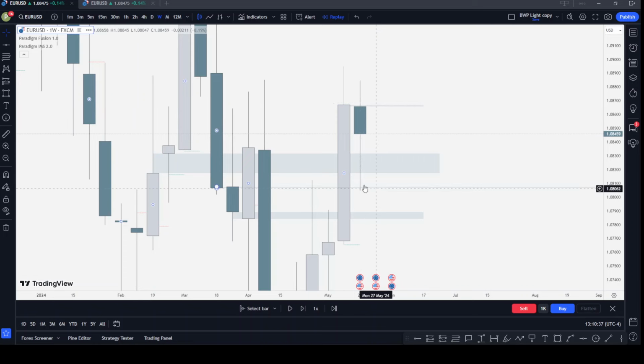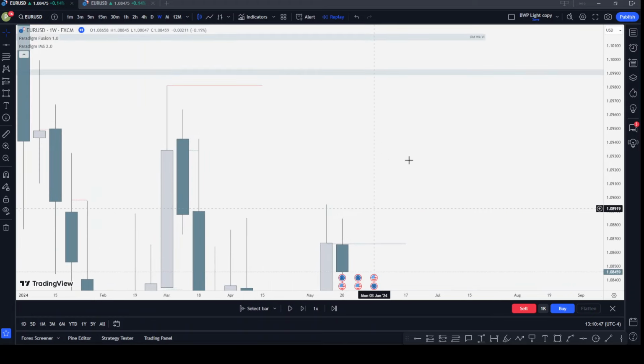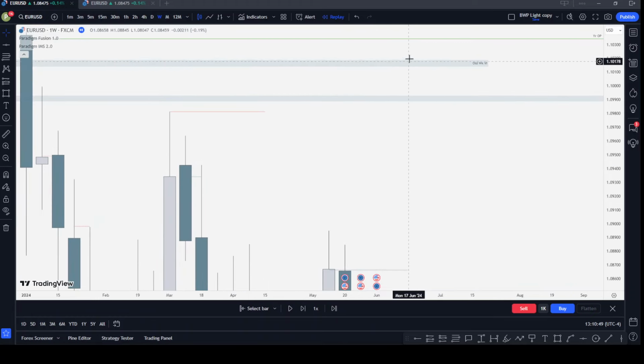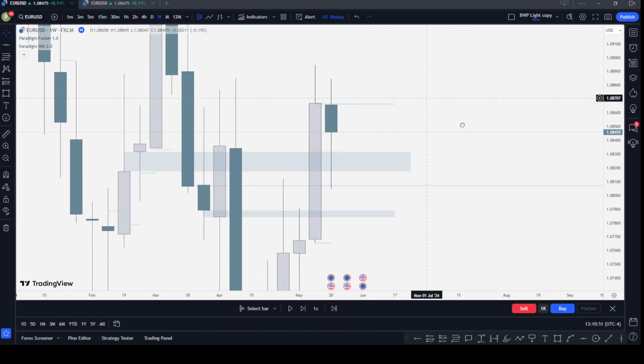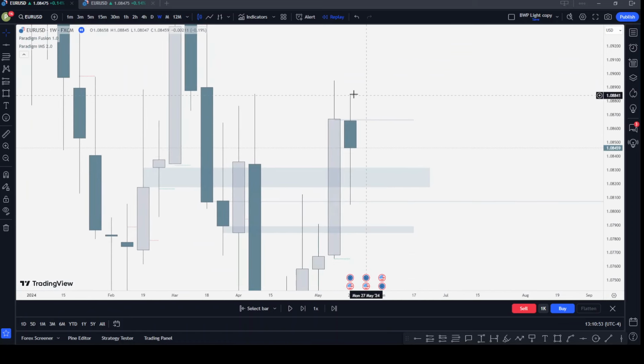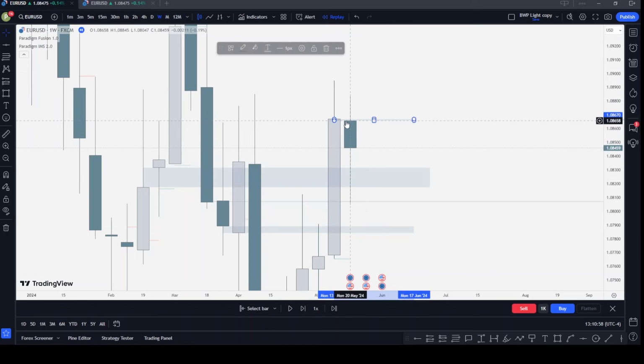We took a long somewhere here towards the close of the week, I think on Friday, and our initial target was this guy here. But at the end of the week we saw that price has now closed below this new week opening gap, so we are going to adjust our targets to this new week opening gap that we marked here.